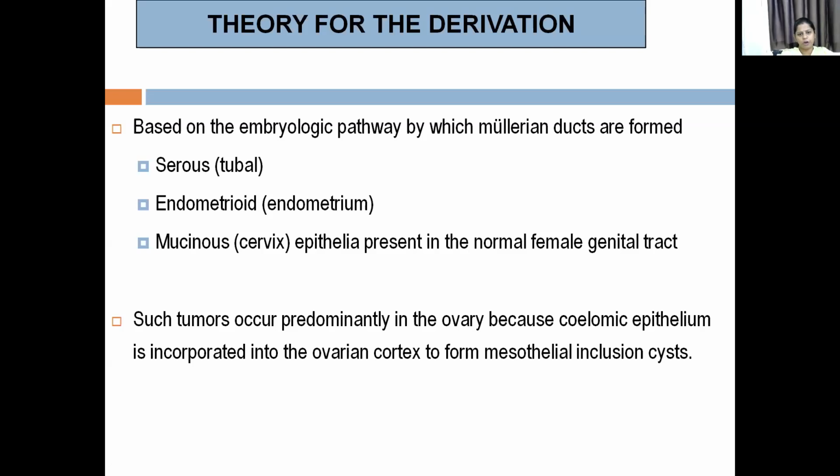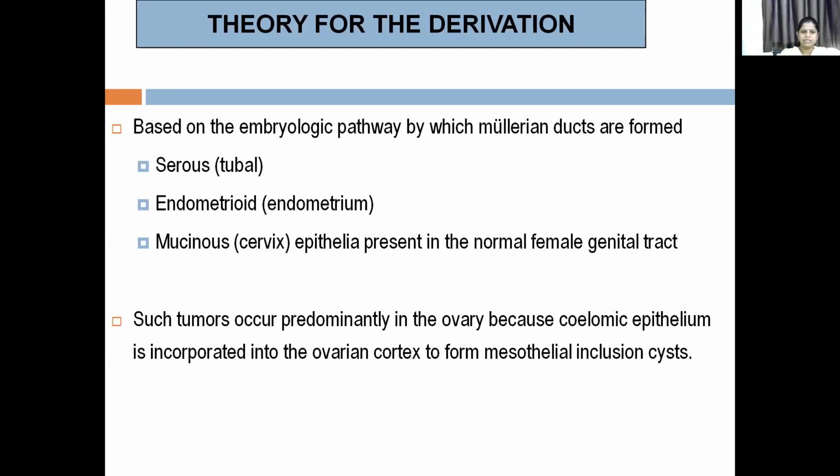Now, based on the embryological pathway by which Mullerian ducts are formed, they may be serous, endometrioid, or mucinous. Serous is the epithelium lining the normal fallopian tube. Endometrioid is the epithelium of the endometrium, and mucinous is the epithelium present in the cervix.